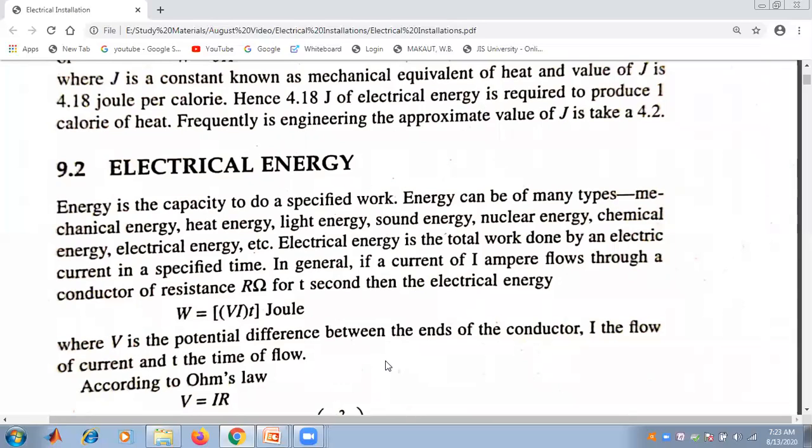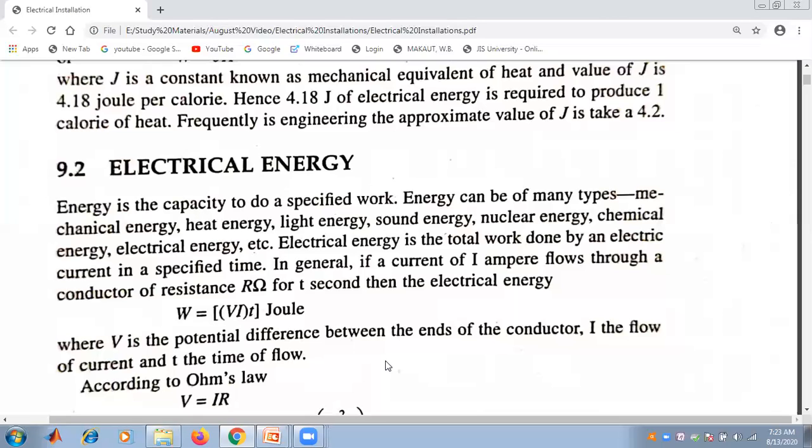Energy can be of many types: mechanical energy, heat energy, light energy, sound energy, nuclear energy, chemical energy, electrical energy, and other forms.